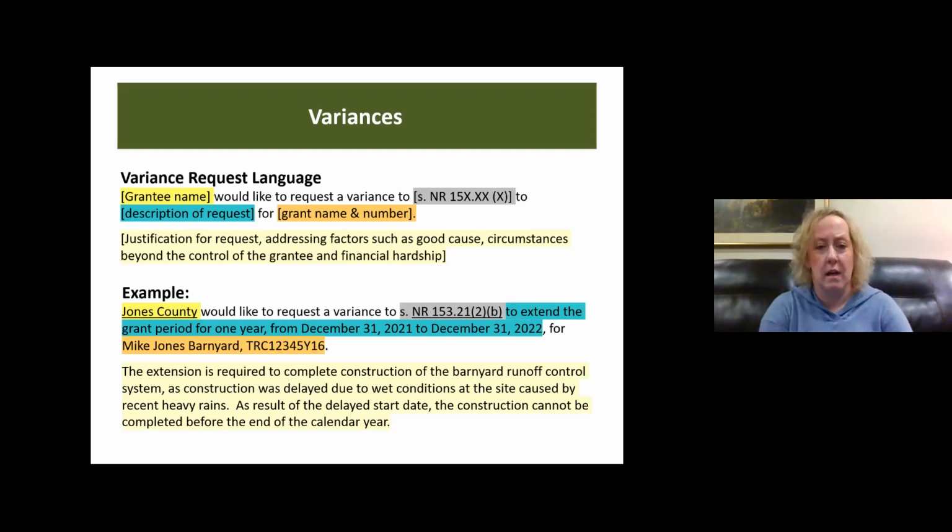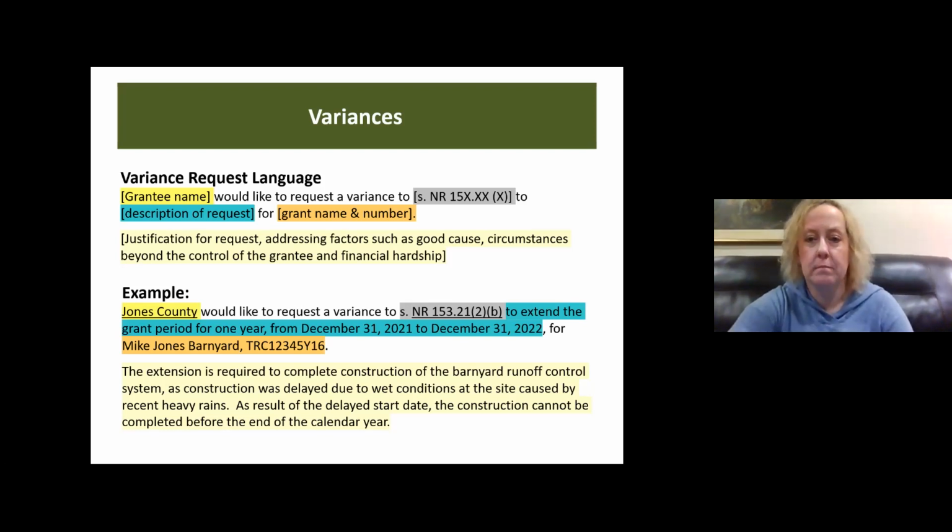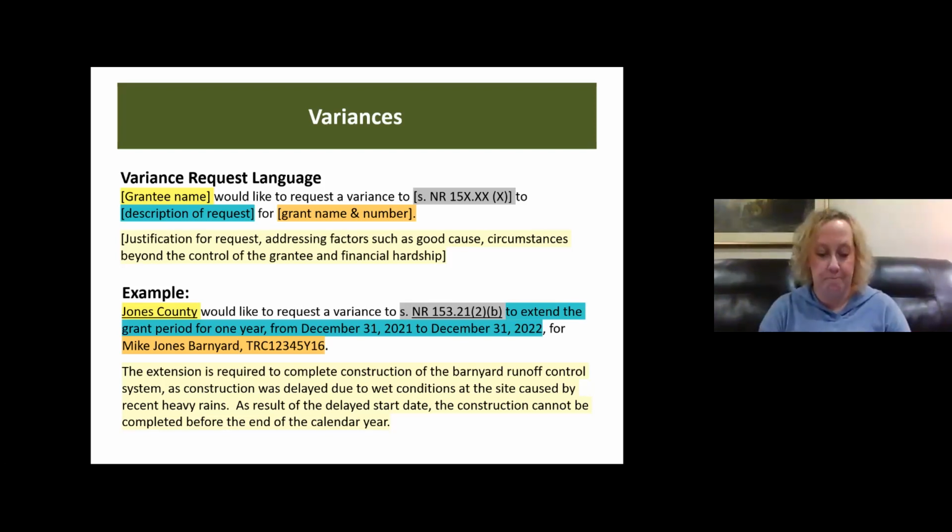In this case, it was due to delays due to the weather. And so it can be as simple as that. However, we do see much more complicated situations than this. But like I said, this is the most common type that we see.